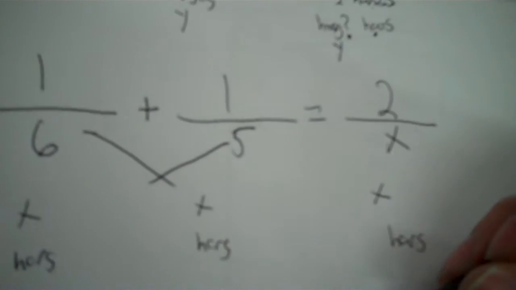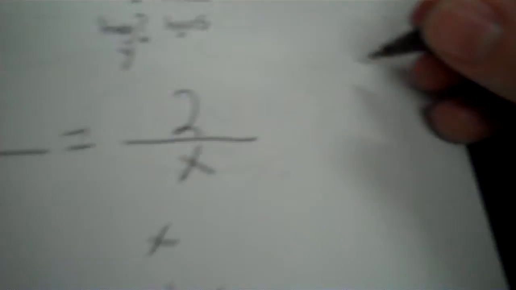Now, a lot of people get confused of where to put that 2. Well, it's not the time, okay? So the 2 goes up here, and I have to find the X myself. So I add those together as fractions, okay? So we add them as fractions. 1/6 plus 1/5, okay?